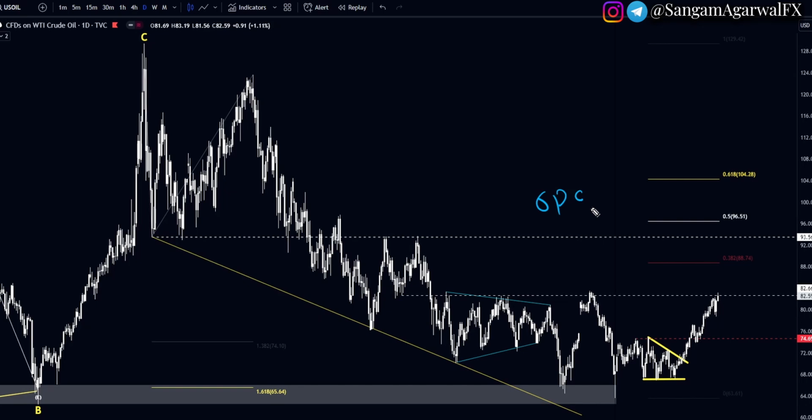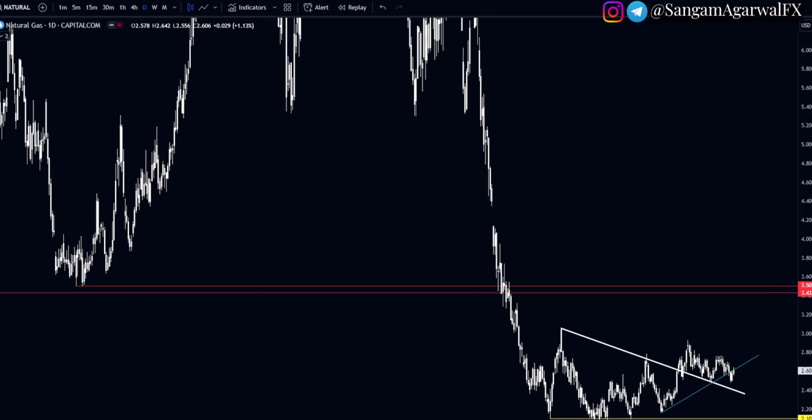OPEC has made clear that until Biden starts buying oil again to refill the SPR, they will do production cuts. Natural gas, no big change after the breakout. It is testing the white trend line. If a new high comes, next resistance 3.4.